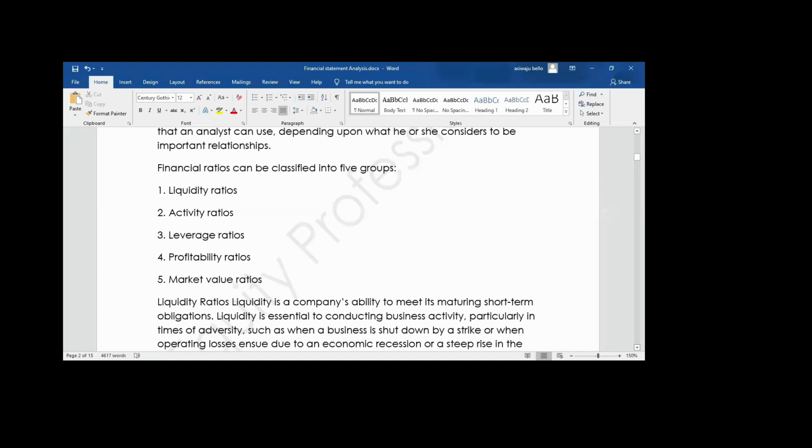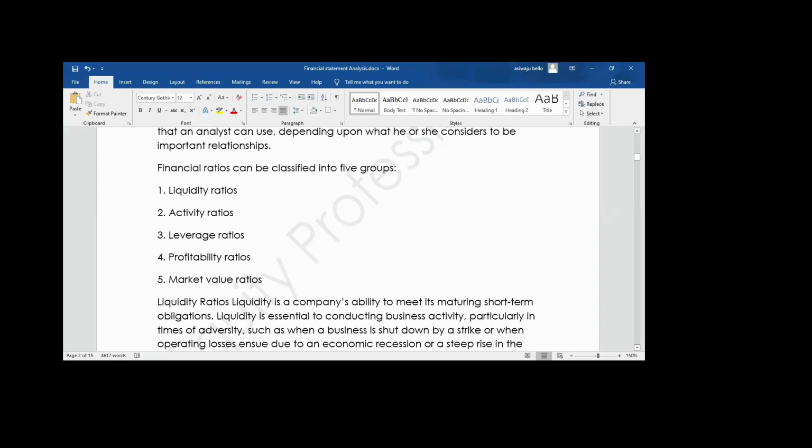You must have some amount of cash to run your business. You are going to pay salary monthly. You are likely to pay for other expenses on a daily basis. That means you must maintain some level of liquidity.